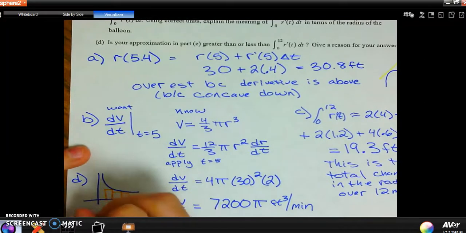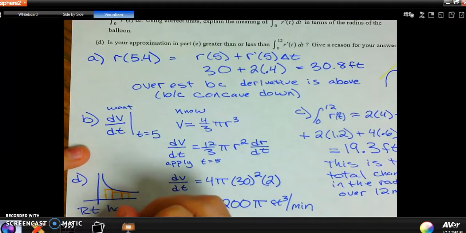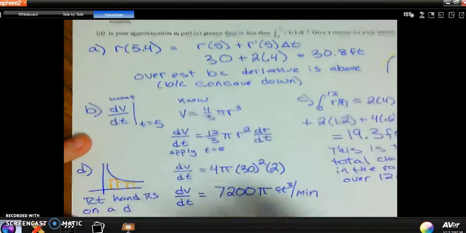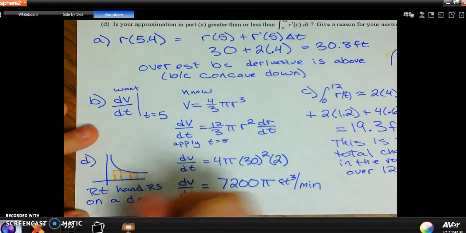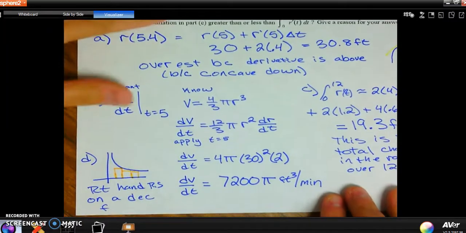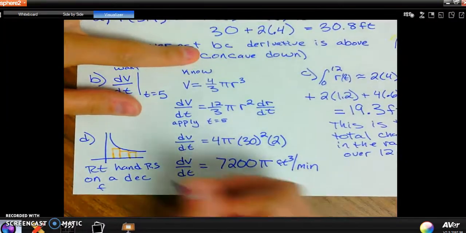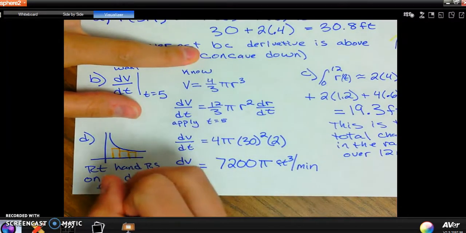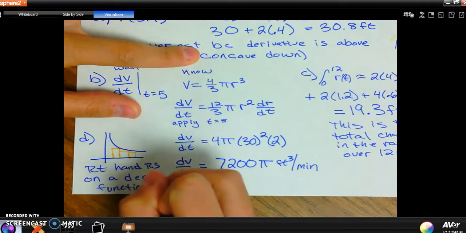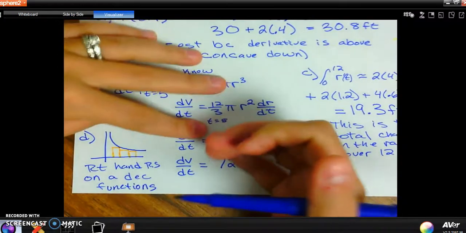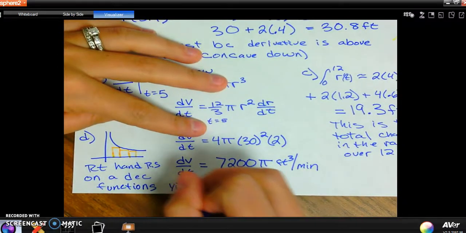So I would say a right-hand Riemann sum on a decreasing function yields an underestimate.